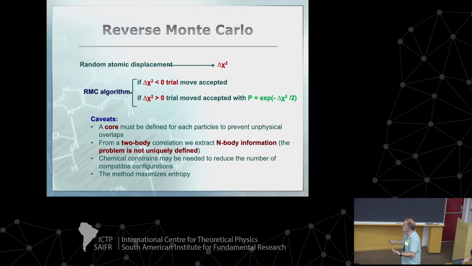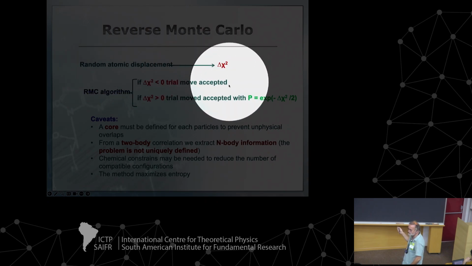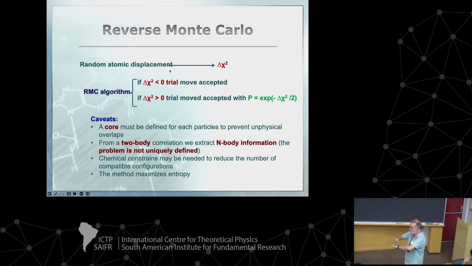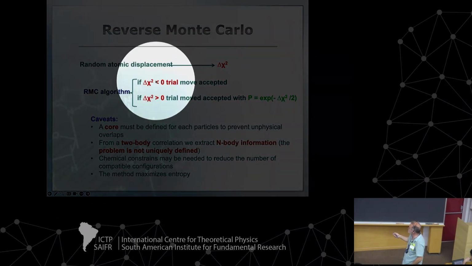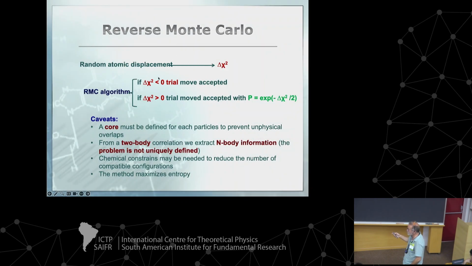Okay, what's the algorithm? Well, you have your original particles, and you perform a random displacement, right? With this random displacement, you calculate the delta chi-square of the trial. If delta chi-square is less than 0, that is, the objective function goes down, you accept the trial, right?